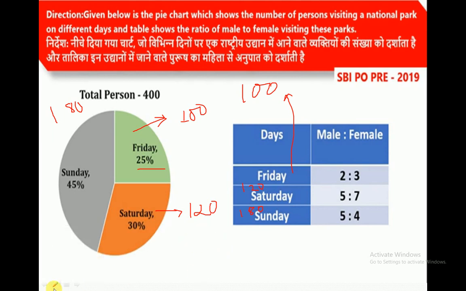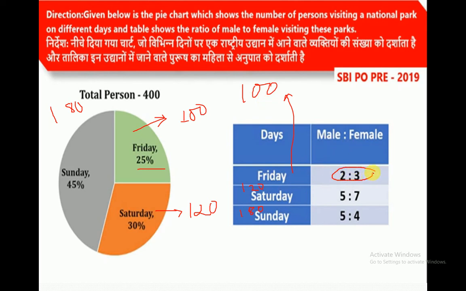Alright, now first let's calculate all the values that we're going to get. So we have got the total number of persons visiting on Friday. This is 100, and male and female are in the ratio 2:3.